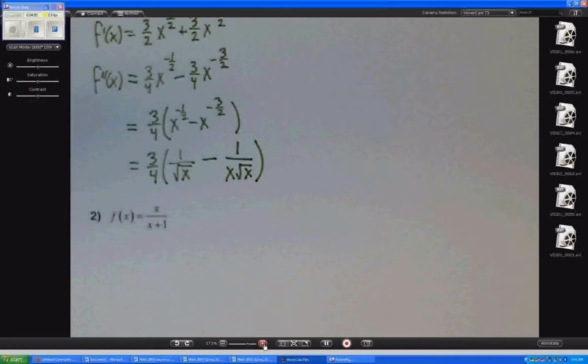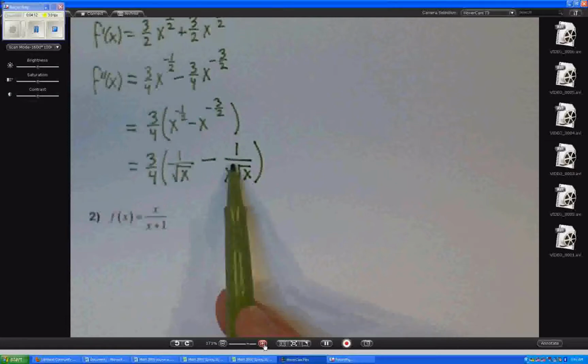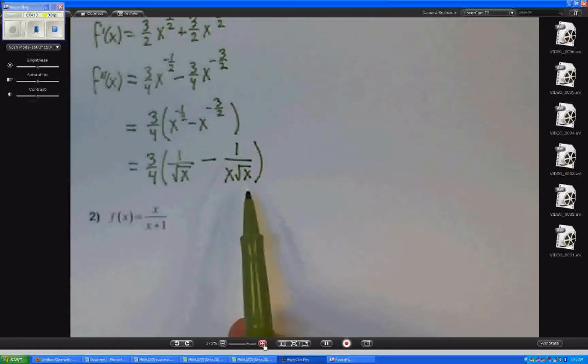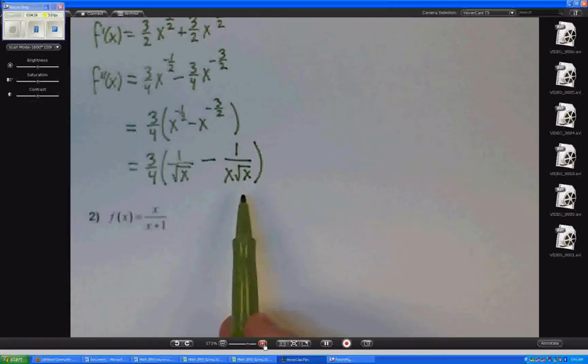Because x to what power? Well, if I don't have anything, it's a first power, right? And here we have x to the 1/2 power. So x to the first times x to the 1/2, that's like x to the 1.5 power, which is what 3/2 is. Okay? Guys follow that? If you do, that's outstanding.